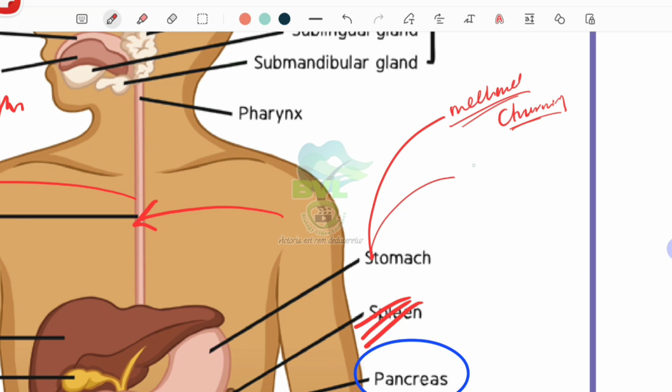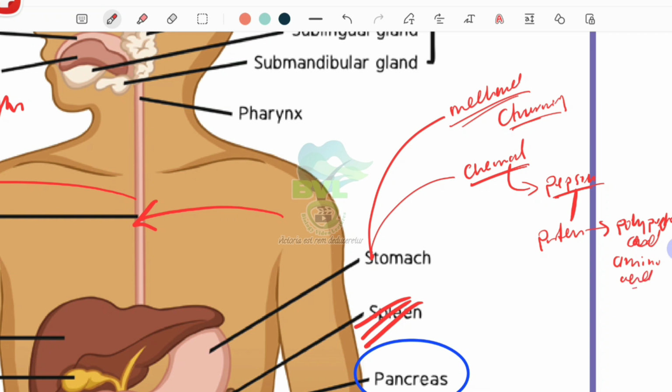It also carries out chemical digestion by an enzyme called pepsin, which breaks down protein into polypeptides and amino acids.